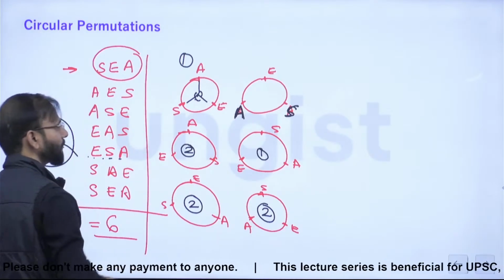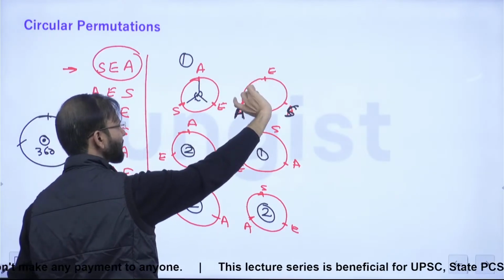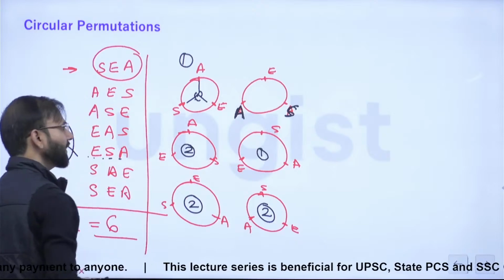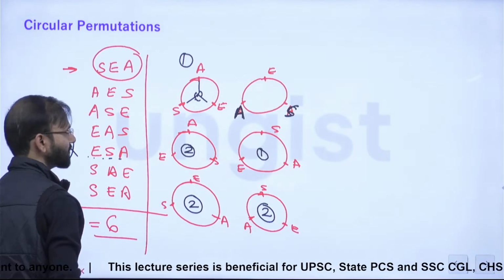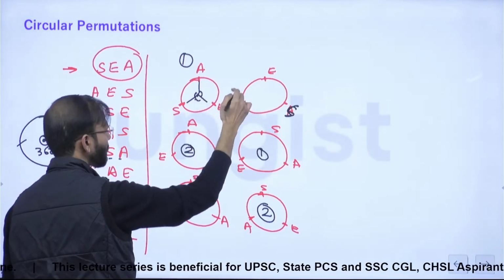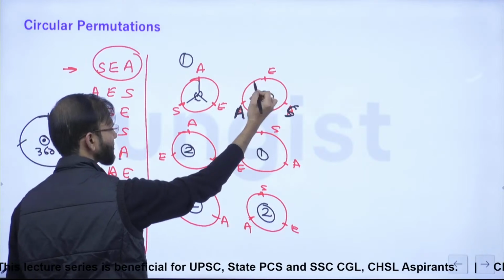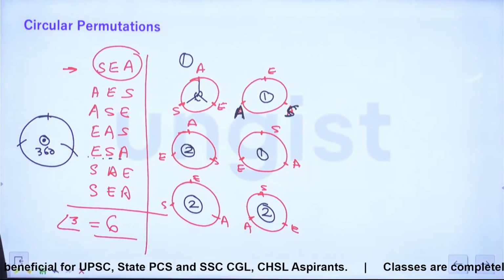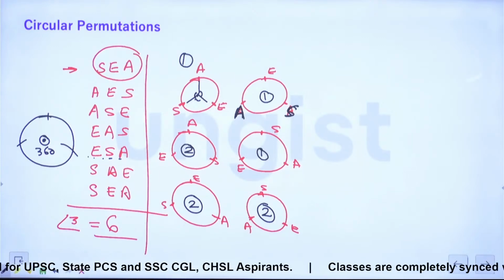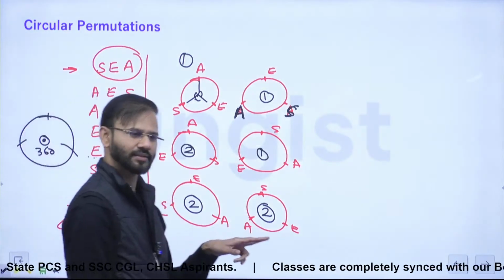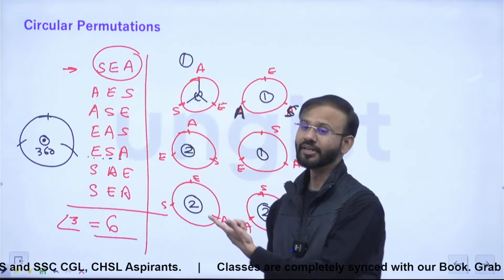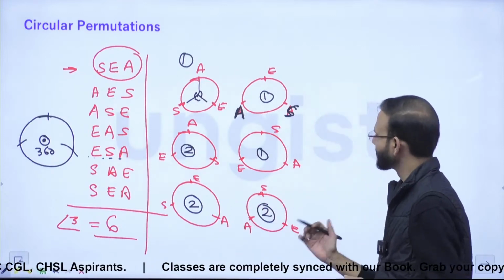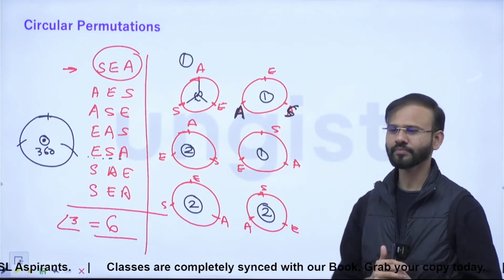After that, see, when you rotate this in clockwise manner, 120 degree, then what will happen to this? This will become position number 1. Right? Yes or no? Fine. So actually, guys, they were 6 in linear arrangement. But in circular arrangement, 3 and 3 are same.